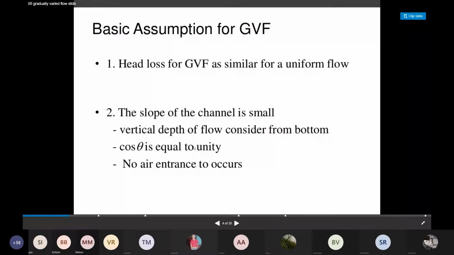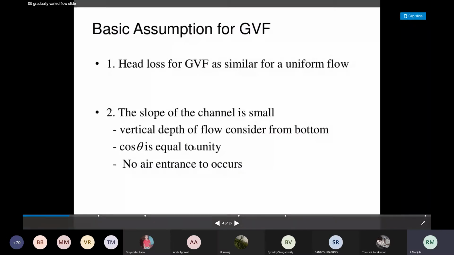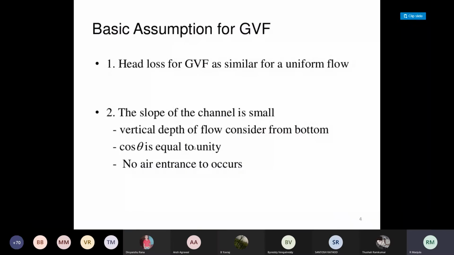Take dams. When there is a flow in a river and you construct a dam across the river, what happens on the upstream side of the dam? There will be a gradual increase in the depth. At the dam section the depth will be highest, and it will decrease over a longer length, maybe a few kilometers, along the river.